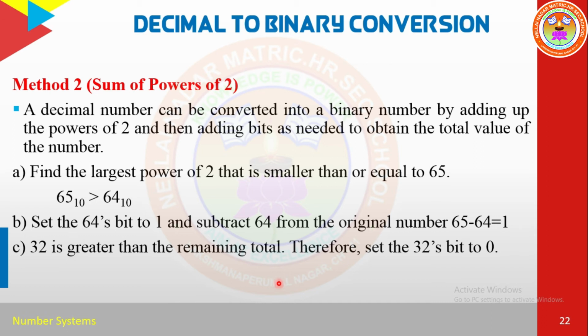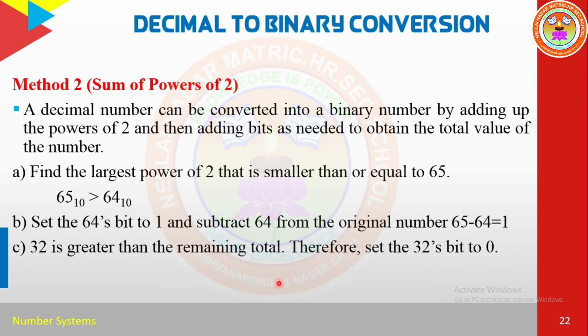Step A: find the largest power of 2 that is smaller than or equal to 65. The given number is 65. Now we are going to find the largest power of 2: 2 power 0, 2 power 1, 2 power 2, 2 power 3, 2 power 4, and so on. This is useful to find the largest power of 2 that is smaller than or equal to 65.